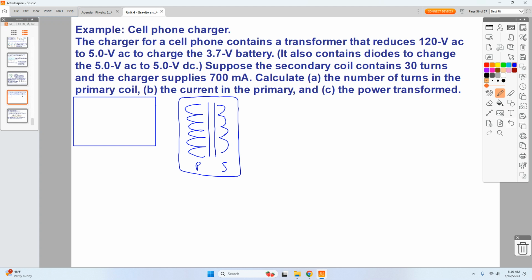On this side, I'm connecting 120 volts. It's got to be AC, because I need to have that magnetic field constantly changing on the primary side. And then on the secondary side, it's going to transform into about 5 volts. So over here, I'm going to get 5 volts AC on the output.